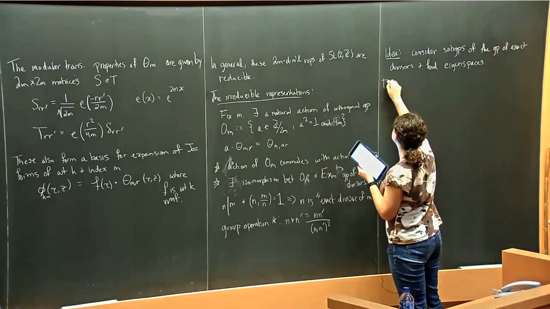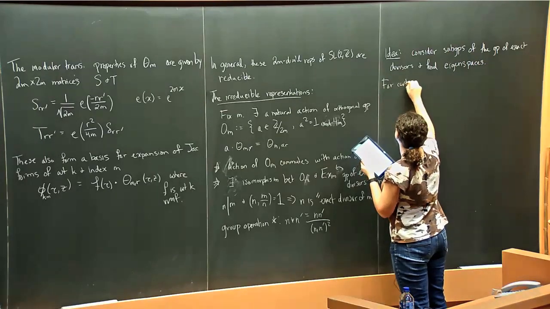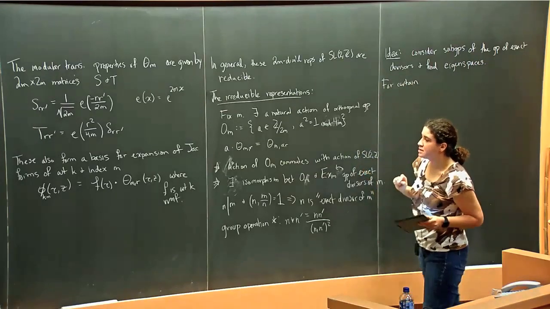So for certain groups, one gets an irreducible representation.